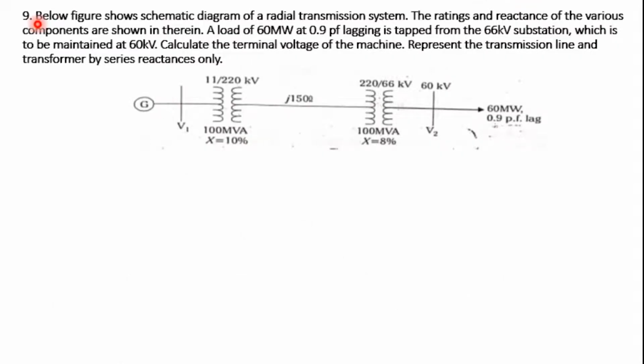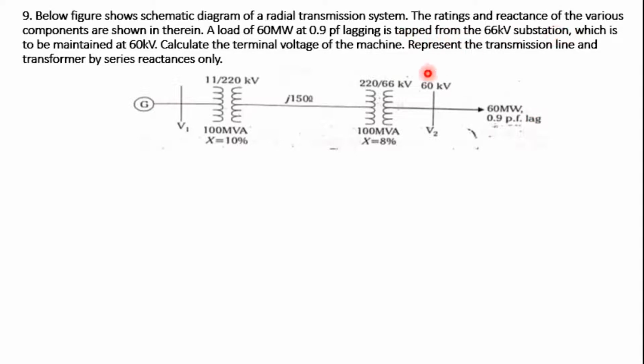Next numerical: the figure below shows the schematic diagram of a radial transmission system. The ratings and the reactances of the various components are shown. A load of 60 megawatt at 0.9 power factor lagging is tapped from a 66 kV substation.